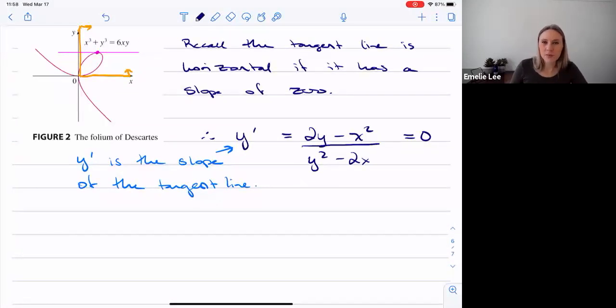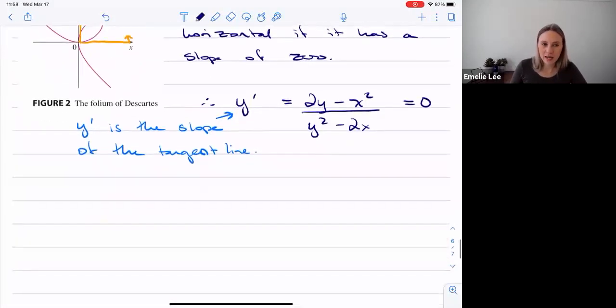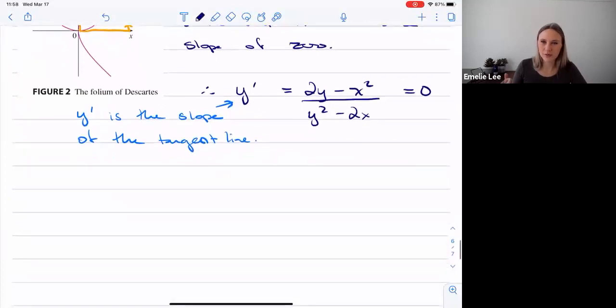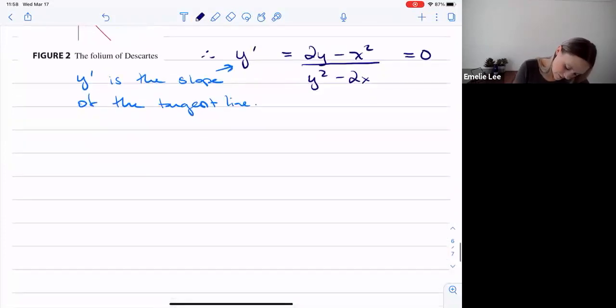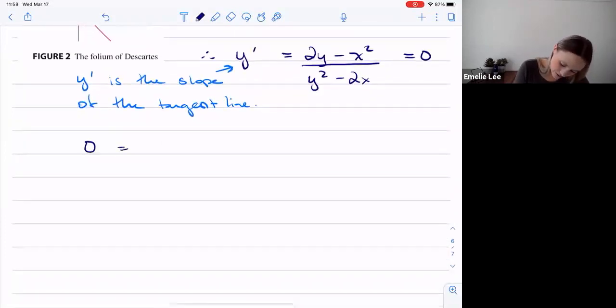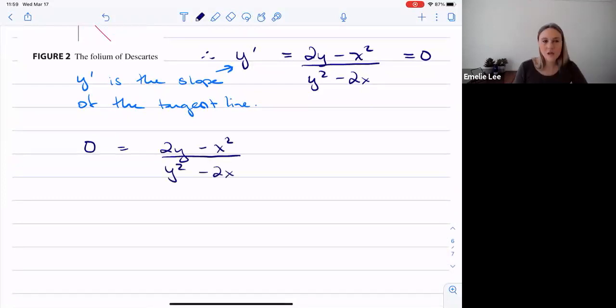Okay. So I'm going to copy that down again, just down below here so we can really look at it. So really what we're saying is that 0 equals 2y minus x squared over y squared minus 2x, right?